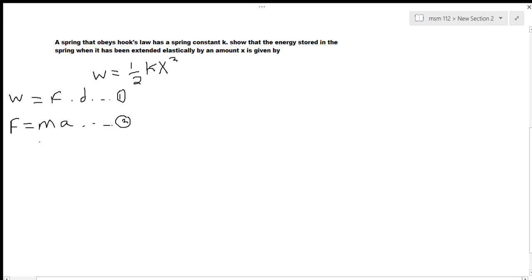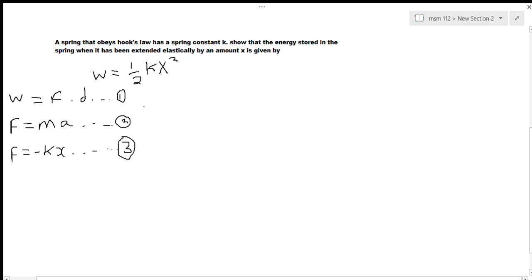Then the next one, for spring constant, force of a spring is equal to negative kx, like this. That is the restoring force. This is your equation 3.